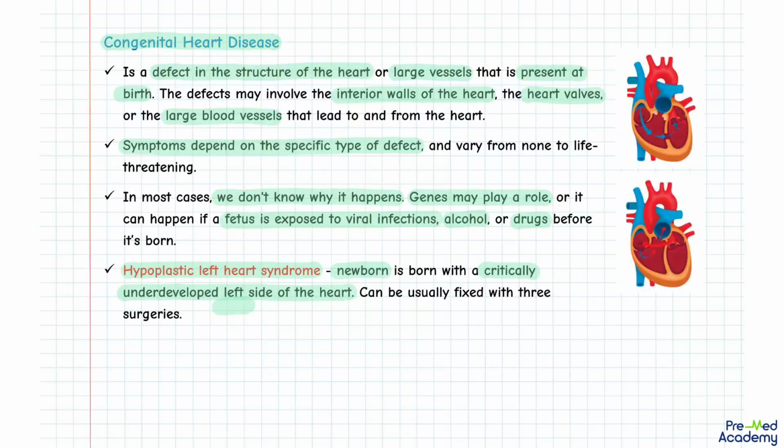Amazingly, through 3 surgeries, the first one done during the first 2 weeks of the newborn's life, and the last one between 18 months and 4 years of age, doctors can reroute the heart. They can reconnect the vessels of the heart so that the right side of the heart, which is well developed, will pump blood to the body.